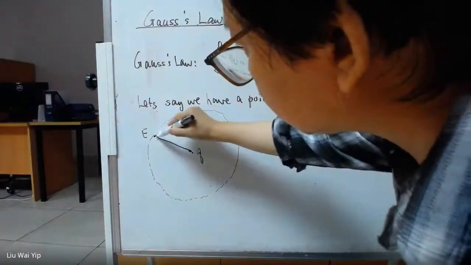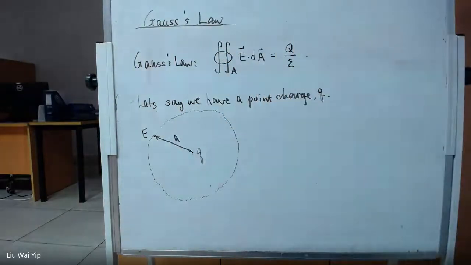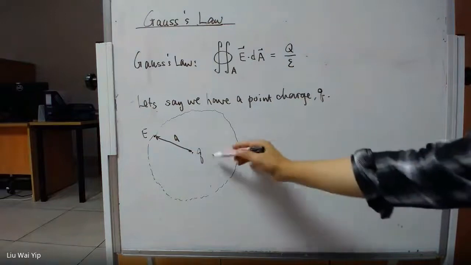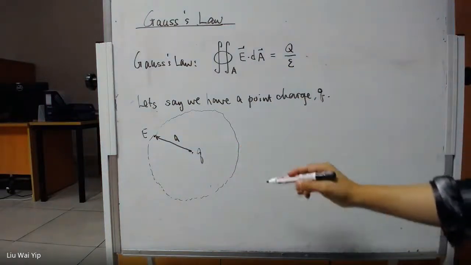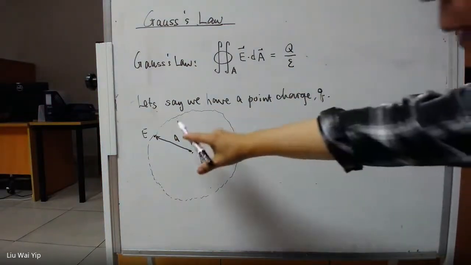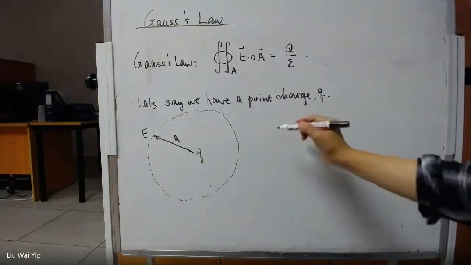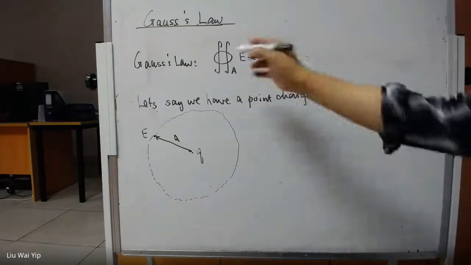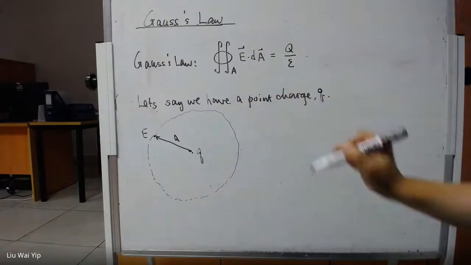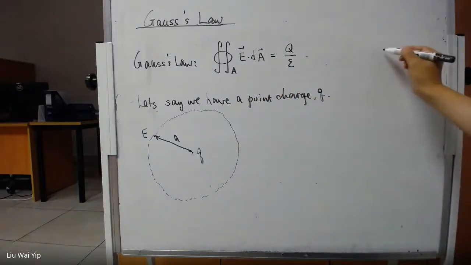The radius is A. So what is the total surface area? We are going to substitute the parameters into the original formula.